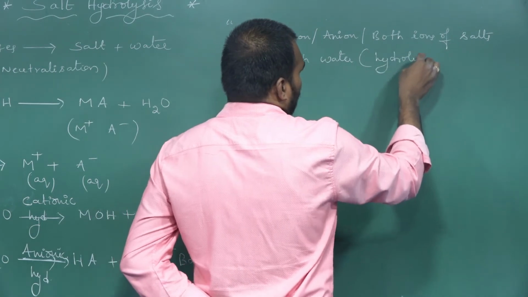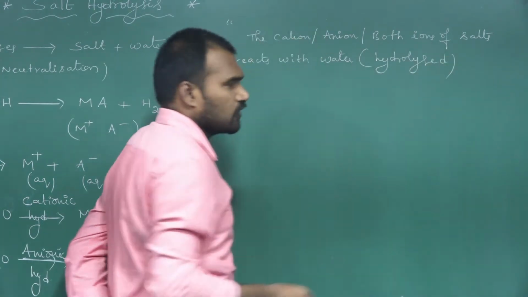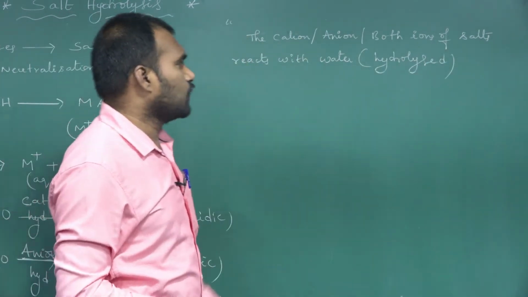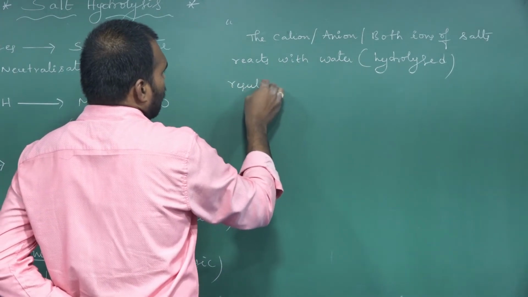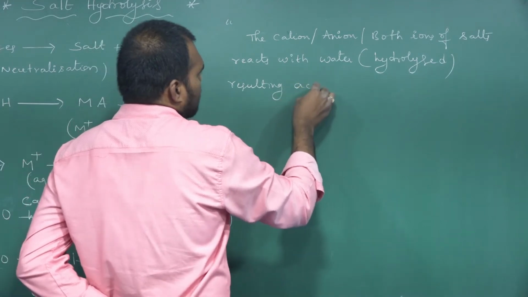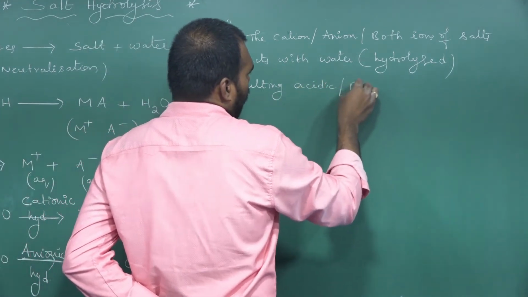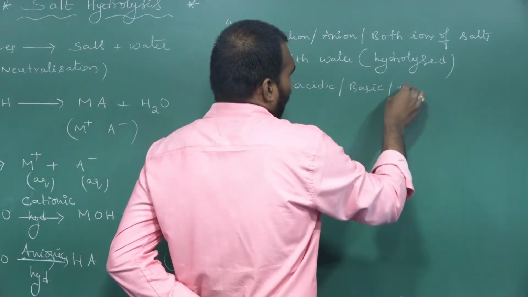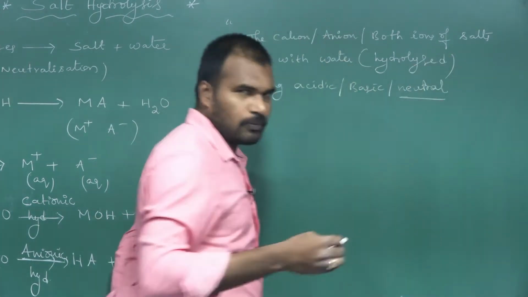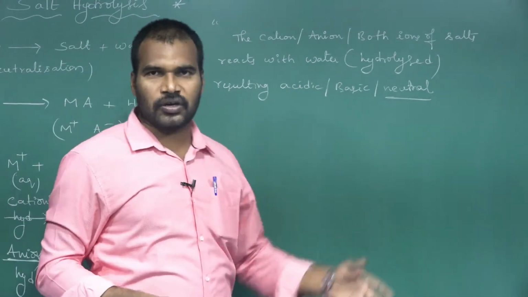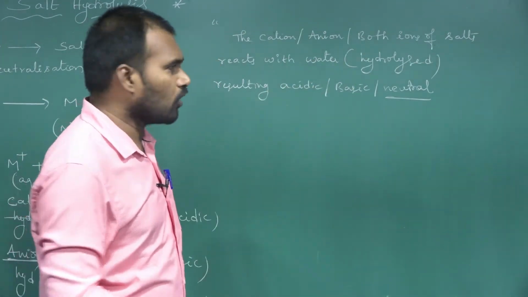So this process we call it as what? Hydrolysis. They react with water, resulting in an acidic or basic or neutral solution. So the resulting solution becomes either acidic or basic or neutral. Then this process we call it as what?